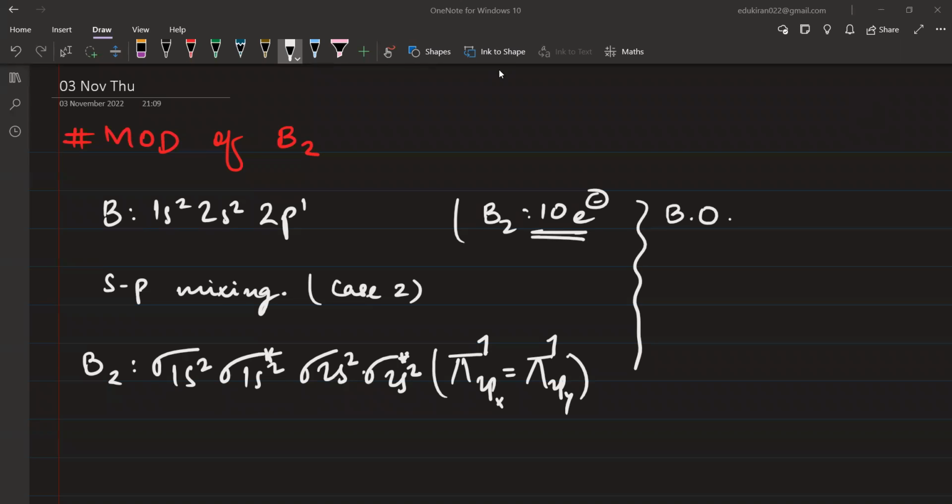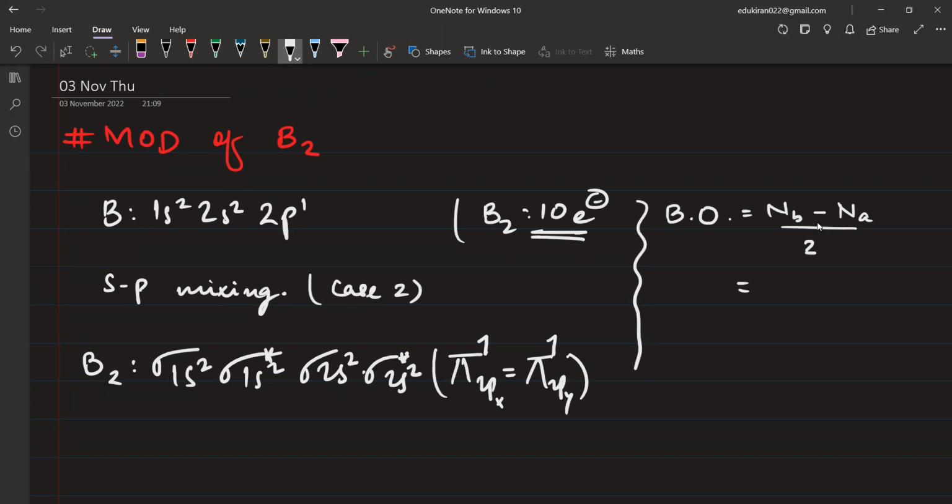Fine. Bond order is equal to the number of electrons in the bonding molecular orbitals minus the number of electrons in the anti-bonding molecular orbitals, divided by 2. Tell me, the number of electrons in the bonding molecular orbitals is how much? 8?